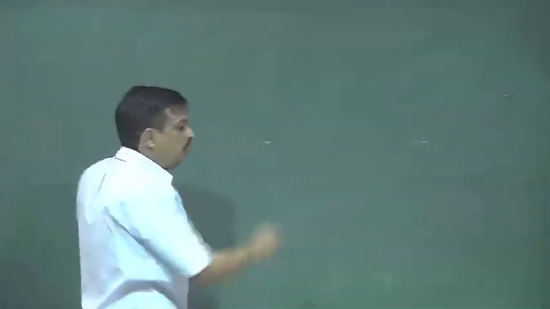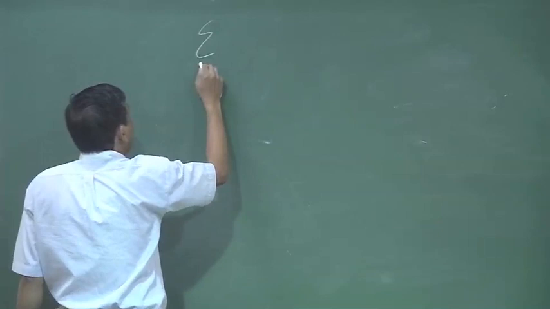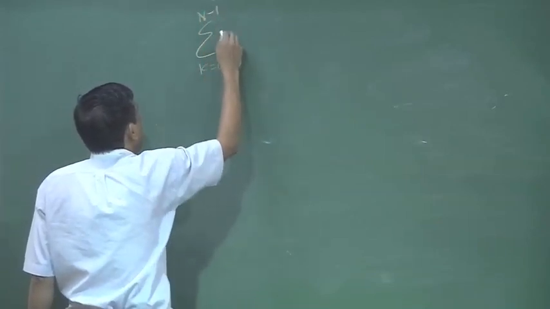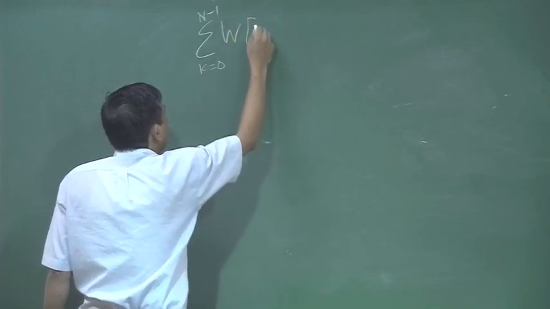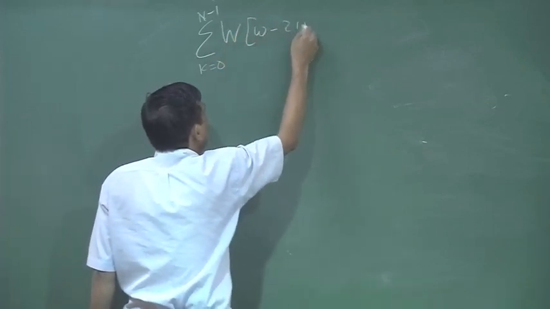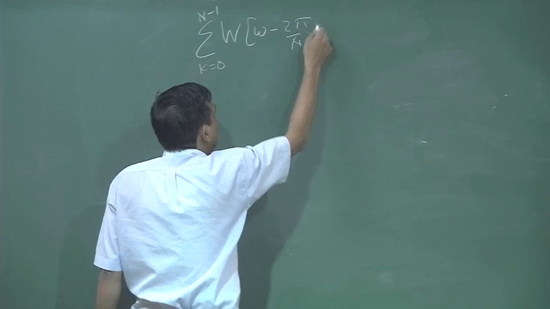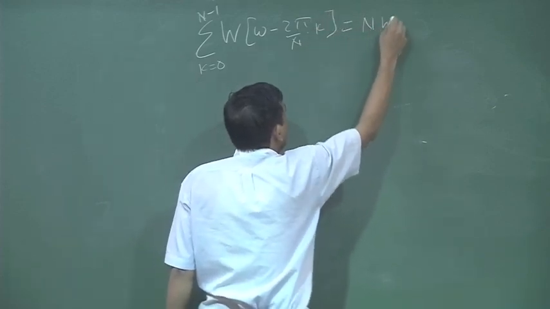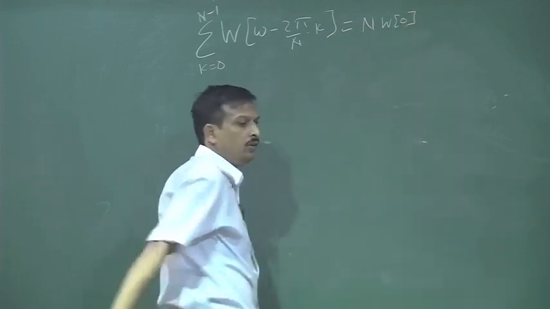Okay. So, now what the FBS constant said is that at k equal to 0 to N minus 1, W(omega minus 2 pi by N into k) must be equal to a constant, which is N W0.